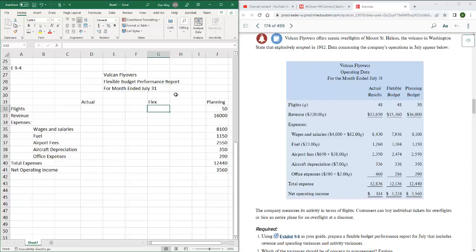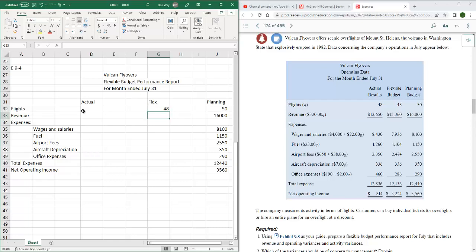Now the flex budget, as we spoke about in the earlier exercise, should really be prepared for this purpose at that actual level of activity. Right? We're trying to level set here so we have a basis for an apples to apples comparison of what revenue and costs should have been, at least in theory, based on what our actual activity level was. Okay, so our flex budget here at the actual level of activity, in this case of 48 flights.